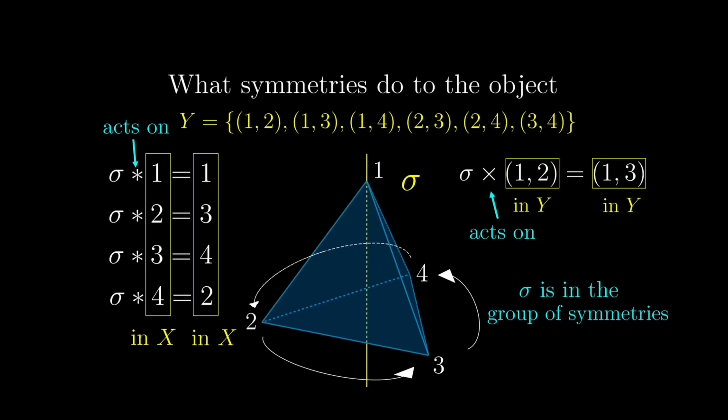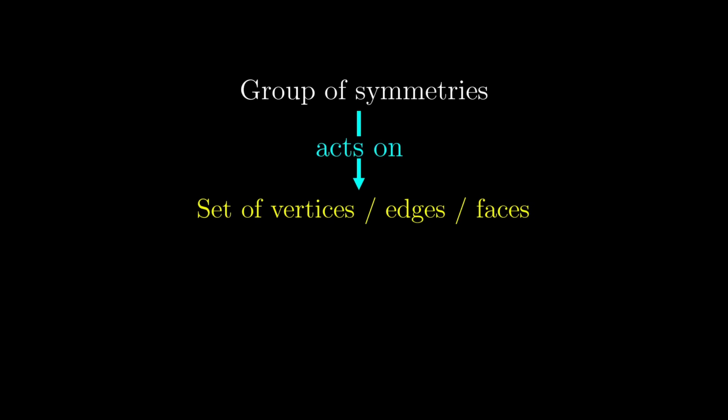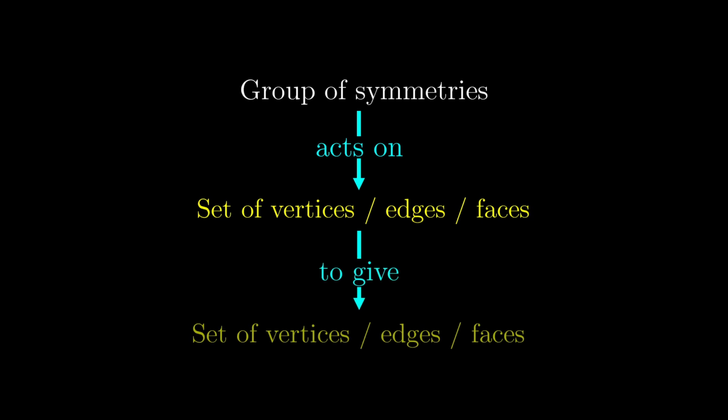So to be clear, the symmetries of an object form a group. And this group acts on the set of vertices, edges, or faces to give the same set back. And the set here can be anything you want, as long as the set being acted on is the same as the output set.